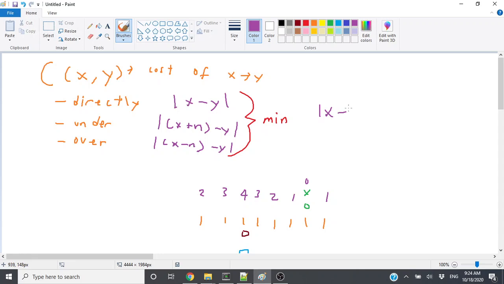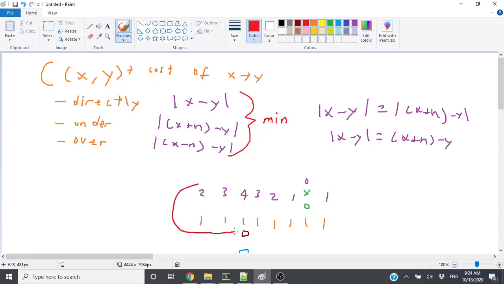So we have x minus y is equal to x plus n minus y. So by definition, x plus n is greater than y. So we can drop this absolute value and say we have x plus n minus y. And this is equivalent to shifting over this way and then going that way, which is shifting by n, and then going this way.